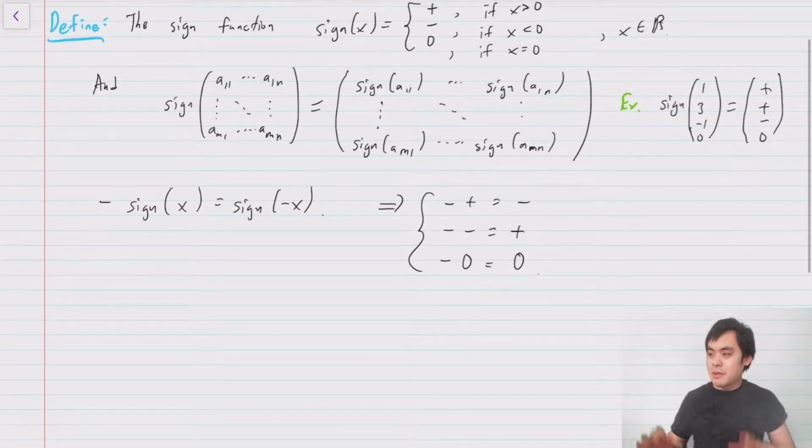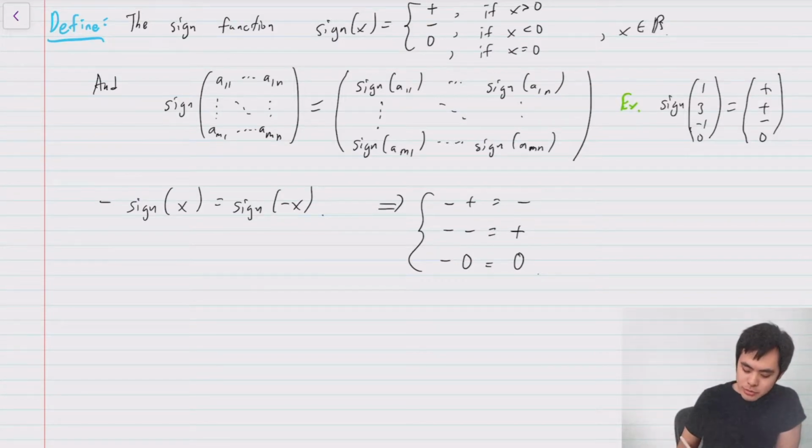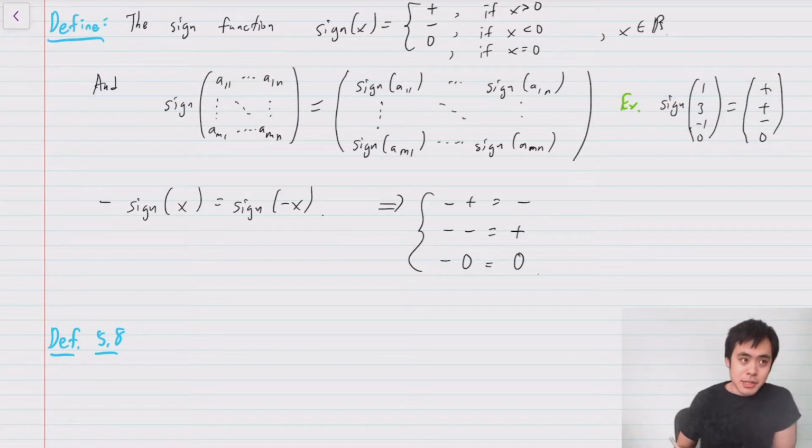Okay, so having defined the sign function, which should be fairly straightforward, let's define a sign pattern. So, define qualitatively locally stable based on the sign pattern.